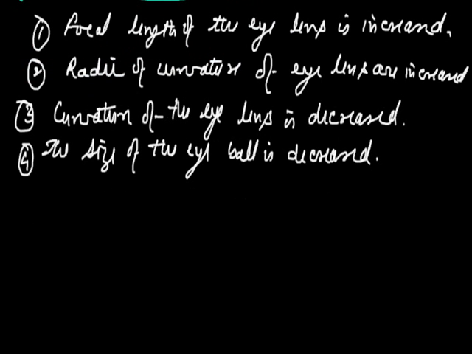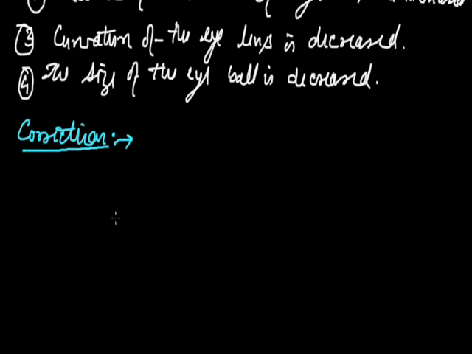Now, what is the correction? For the correction of hypermetropia, we use a convex lens, not the eye lens, this convex lens, because the near point is defective. Suppose this one is the eye lens.